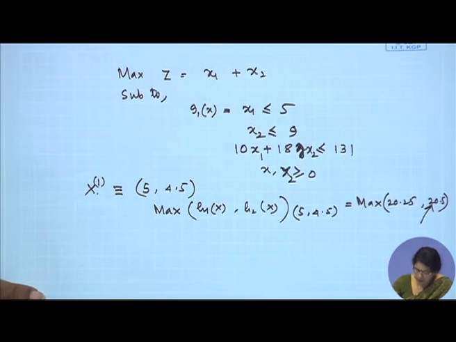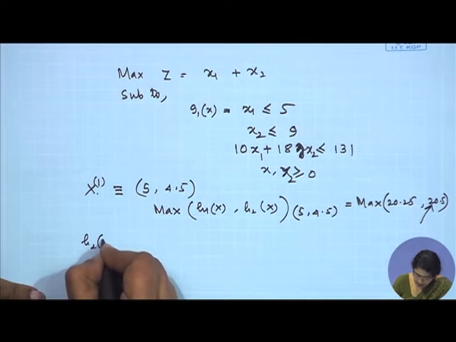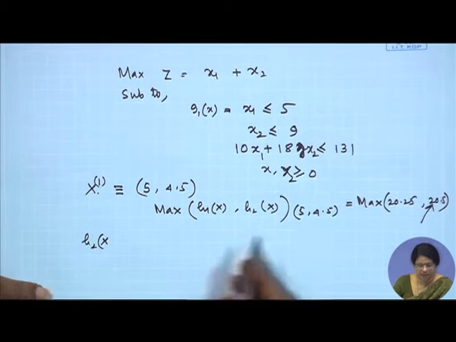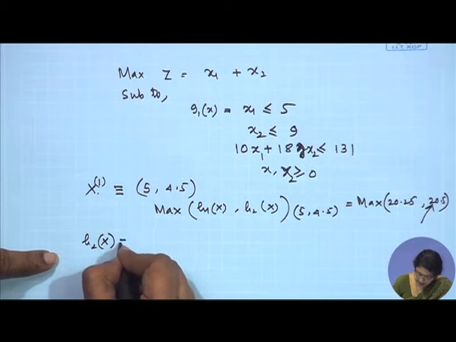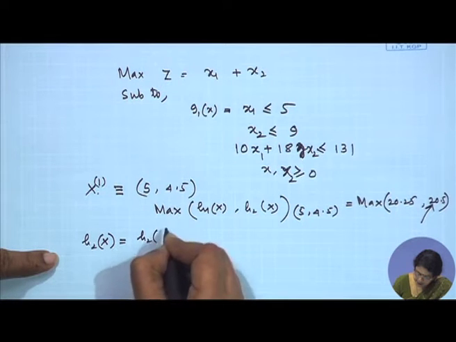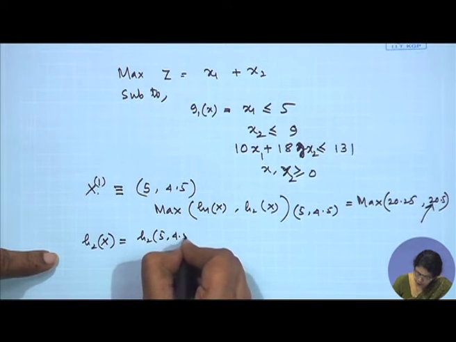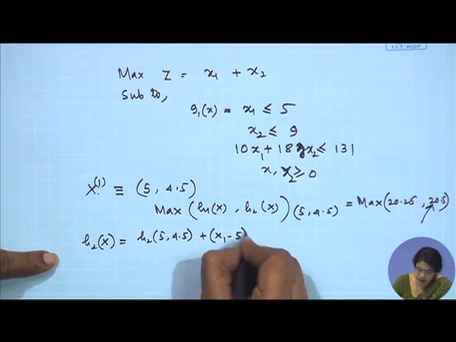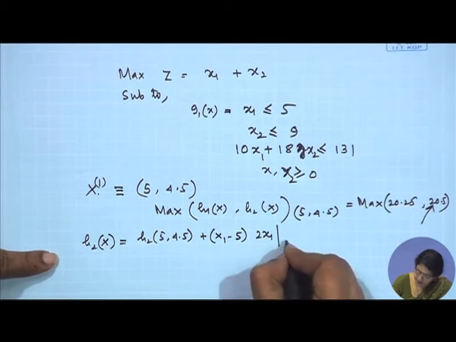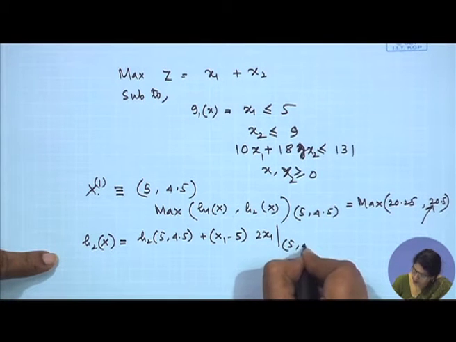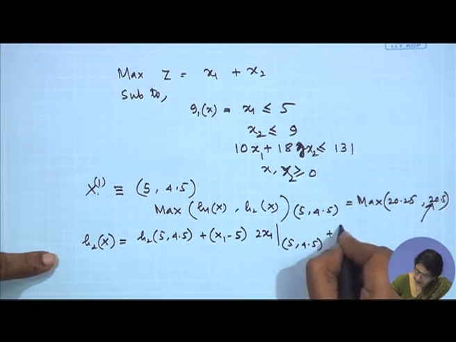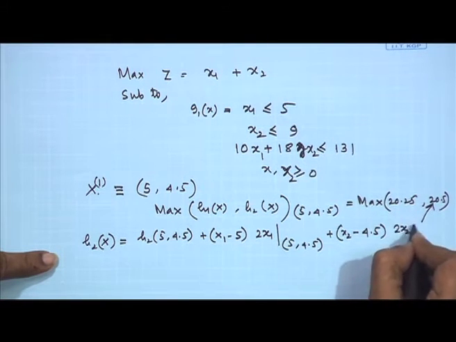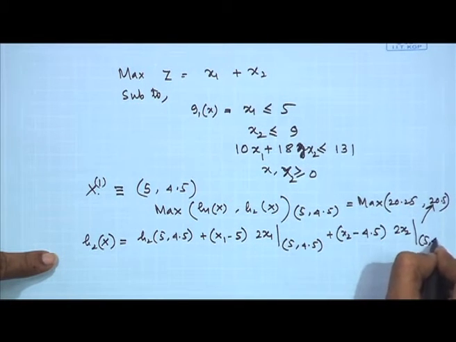That is why again we will expand h2 at point (5, 4.5). h2(x) will be written as h2(5, 4.5) plus (x1 minus 5) times 2x1 at (5, 4.5) plus (x2 minus 4.5) times 2x2 at (5, 4.5).